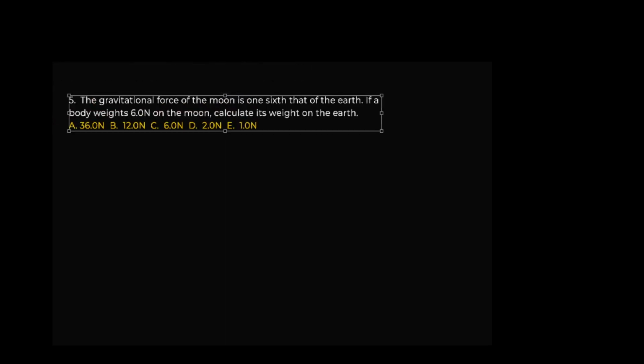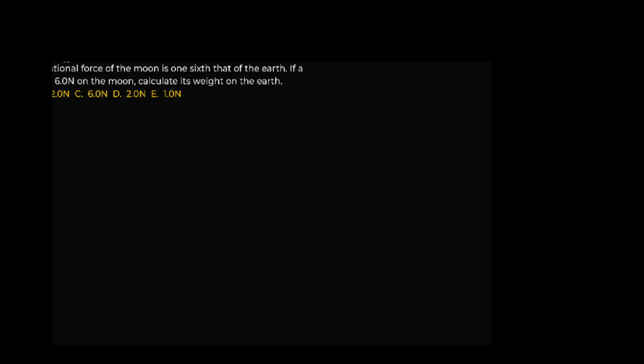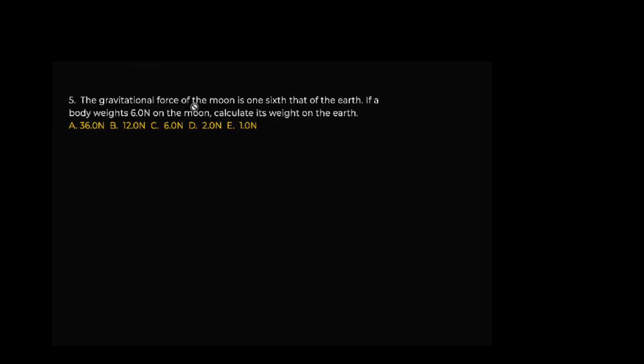All right, so the question states that the gravitational force of the moon is 1/6 that of the earth. If a body weighs 6.0 Newton on the moon, calculate its weight on the earth. What will be the right answer to that?